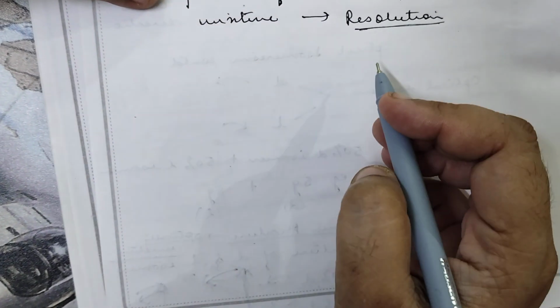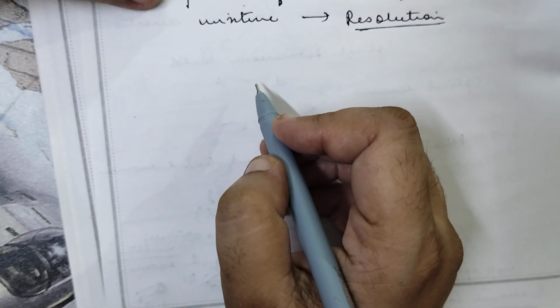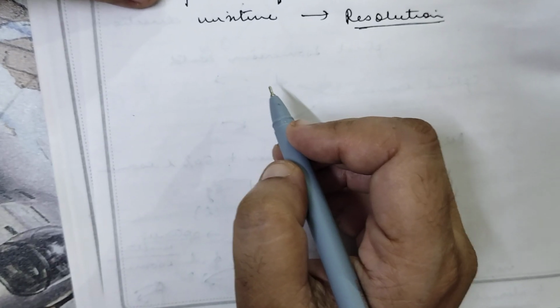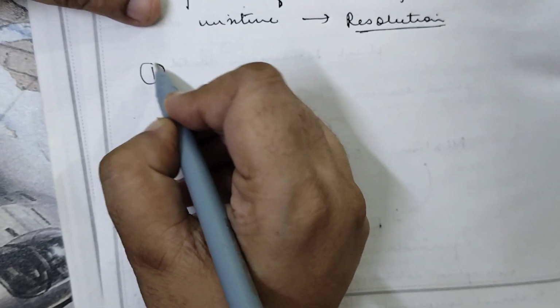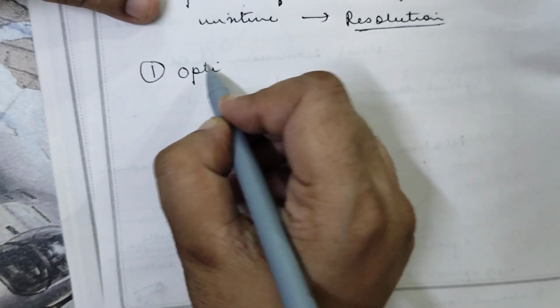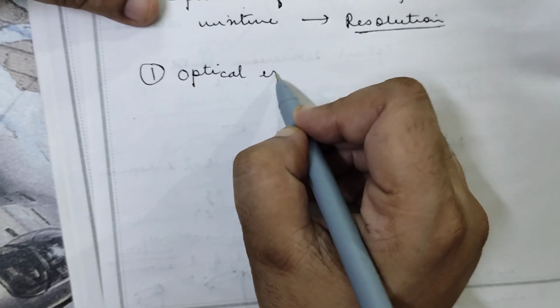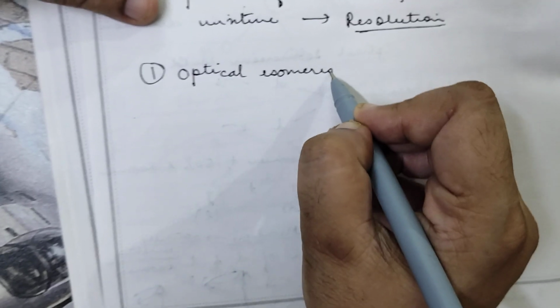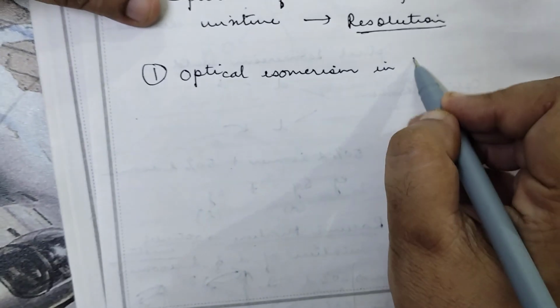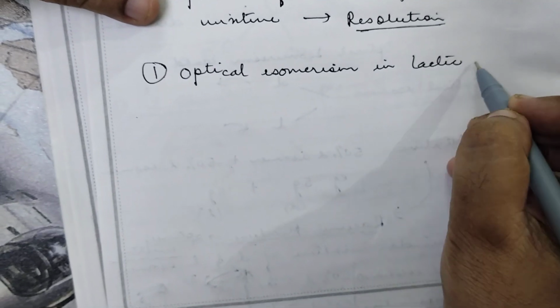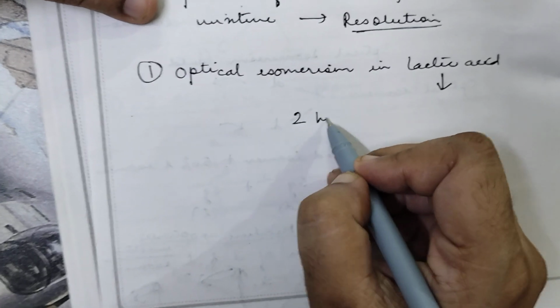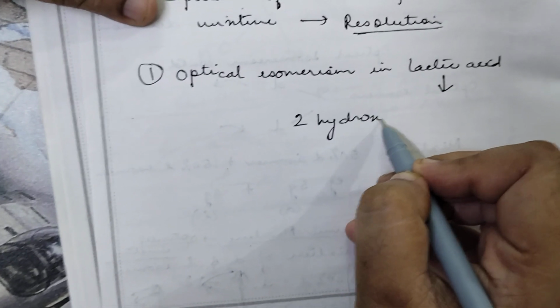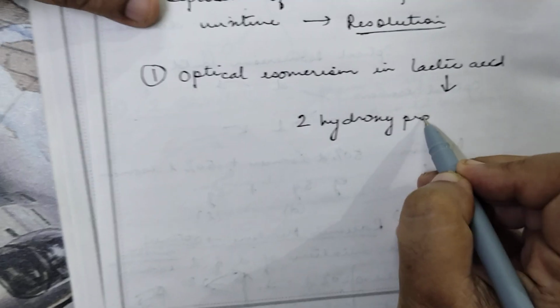After this, we are going to do the optical isomerism in two important compounds which are there in the ISC course. The first is optical isomerism in lactic acid. Lactic acid has the IUPAC name 2-hydroxy propanoic acid.